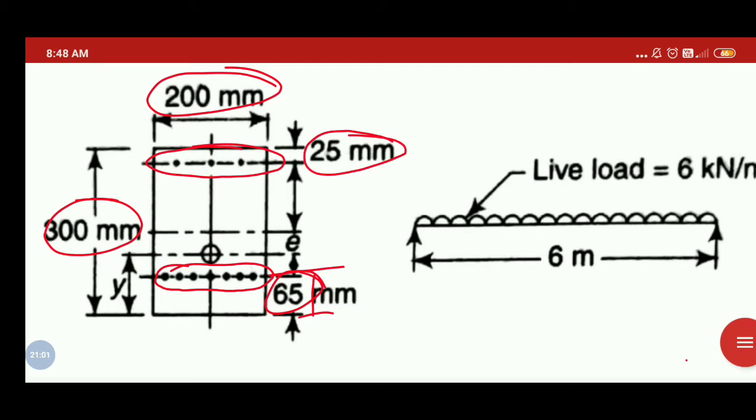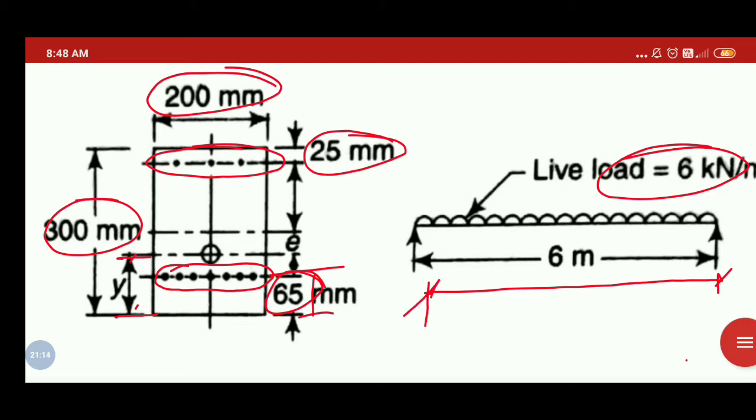The y value is up to this. This is the live load given, and this is the length of the beam. Eccentricity is from the center to the y value, that is e.